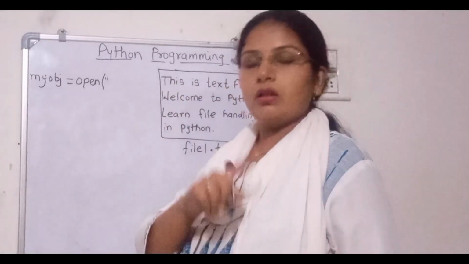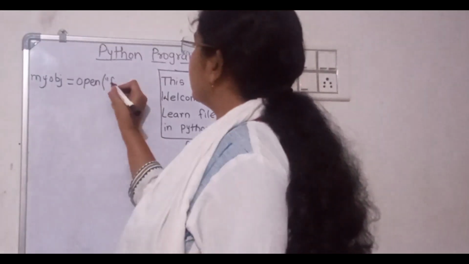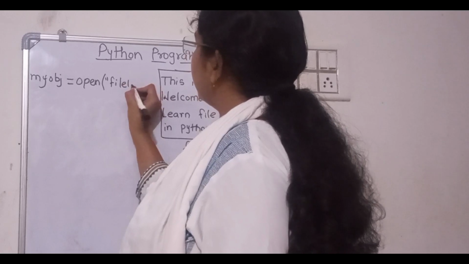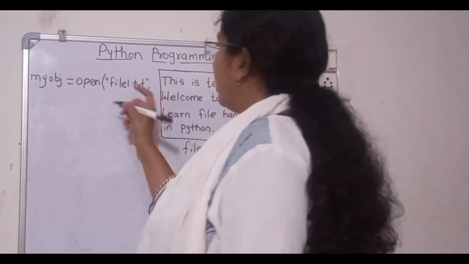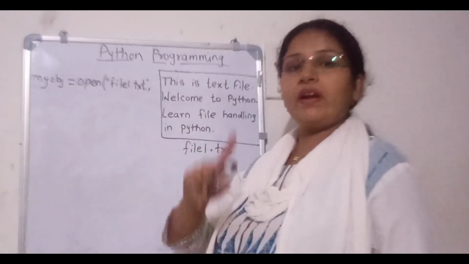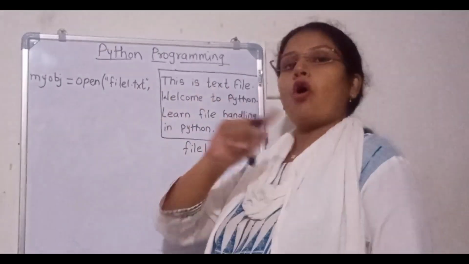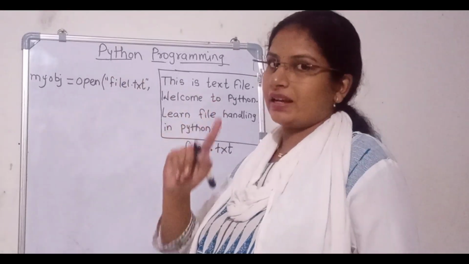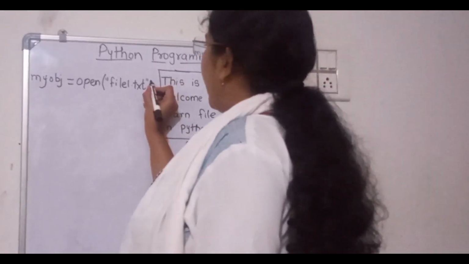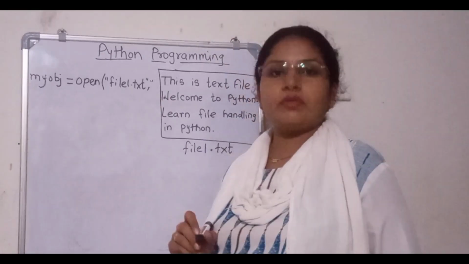In single or double quotes, give the name of the file, file1.txt, comma. Always enclose the file name or full path of the file in single or double quotes, otherwise an error will occur. And then the mode of the file.